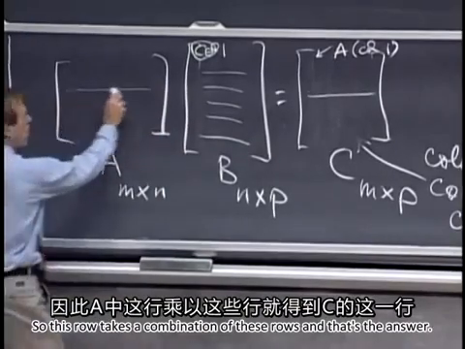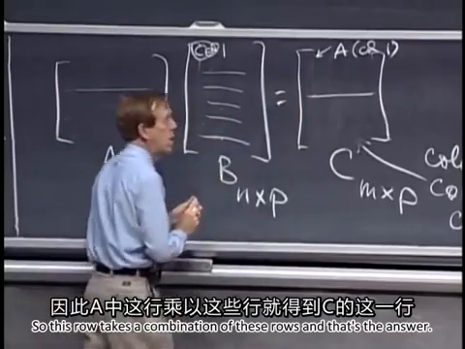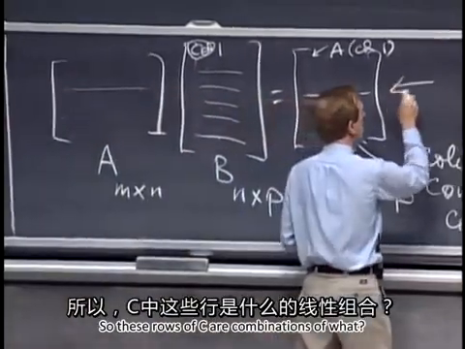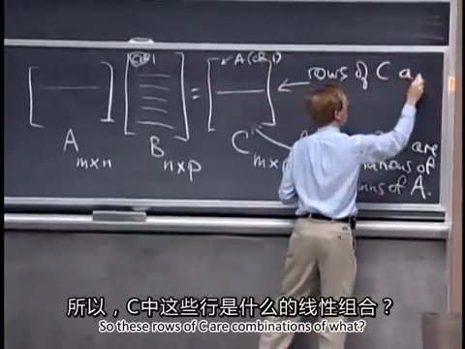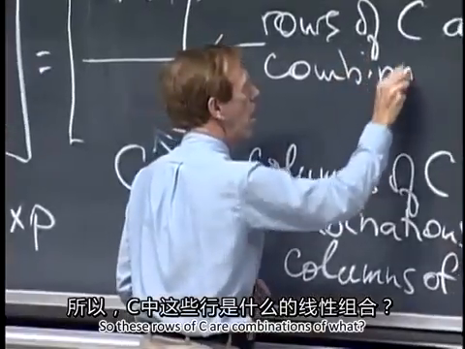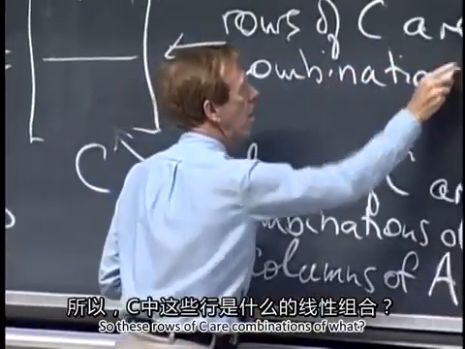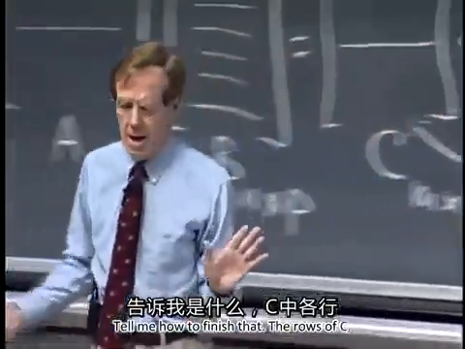So this row takes a combination of these rows, and that's the answer. So these rows of C are combinations of what? Tell me how to finish that.